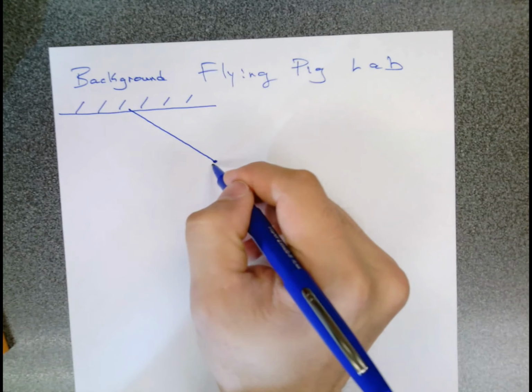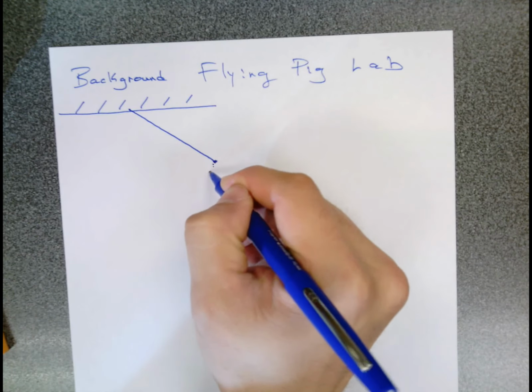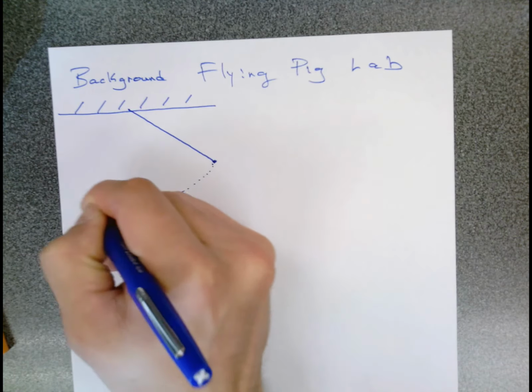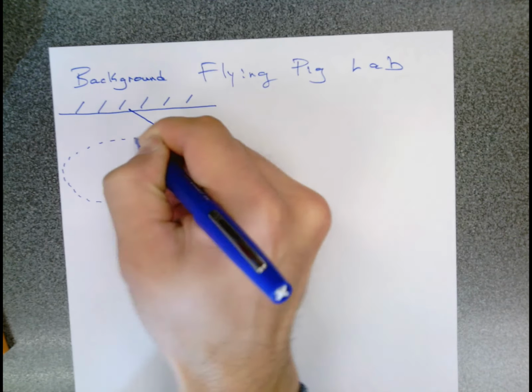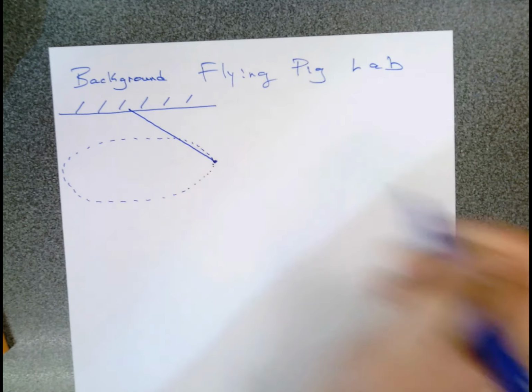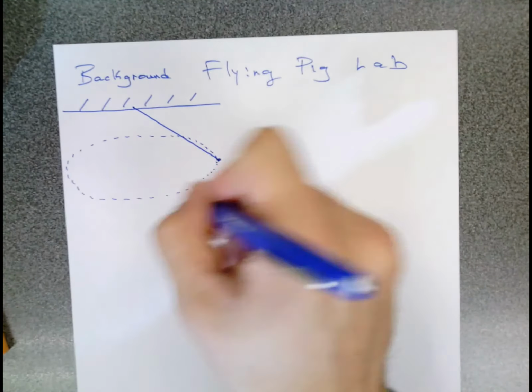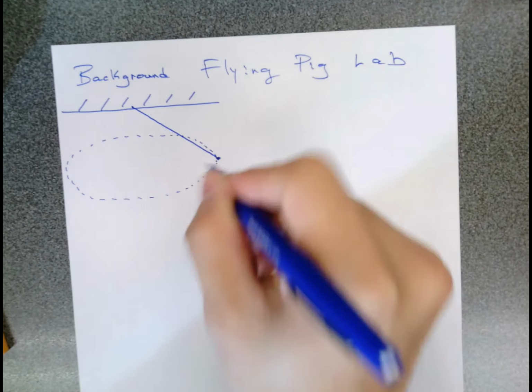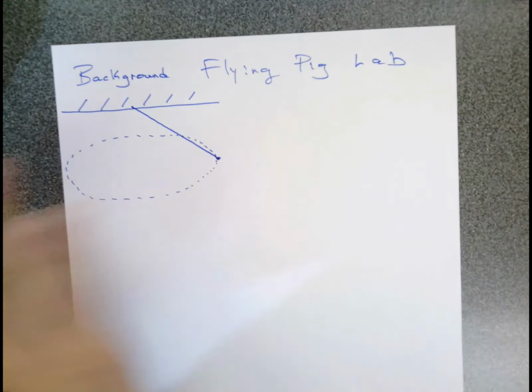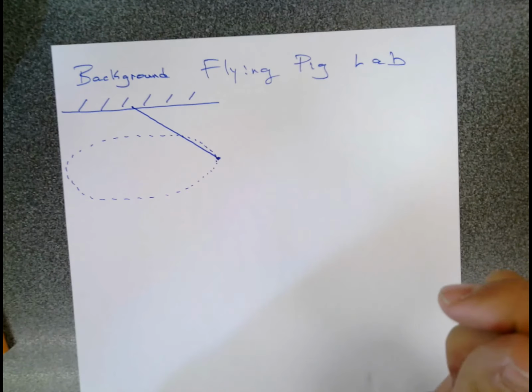And when the pig starts spinning, it'll spin in a circle that becomes a horizontal plane in the room.